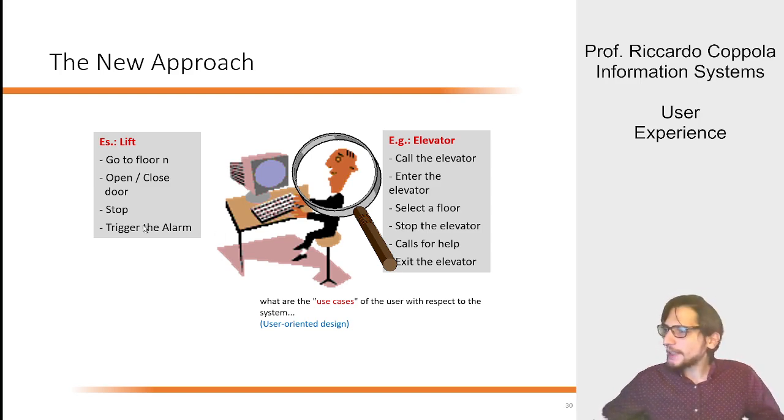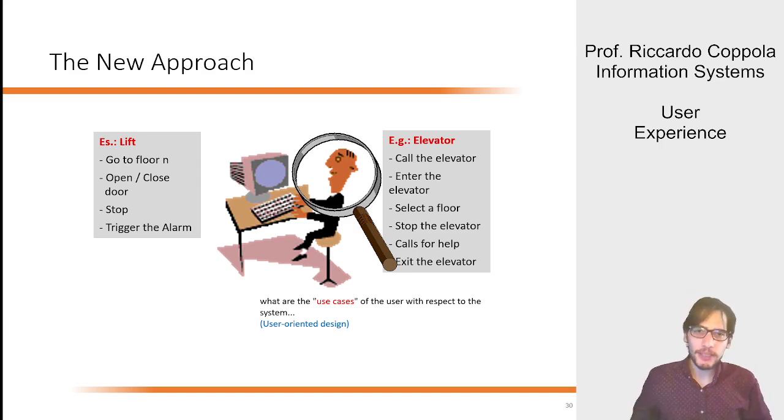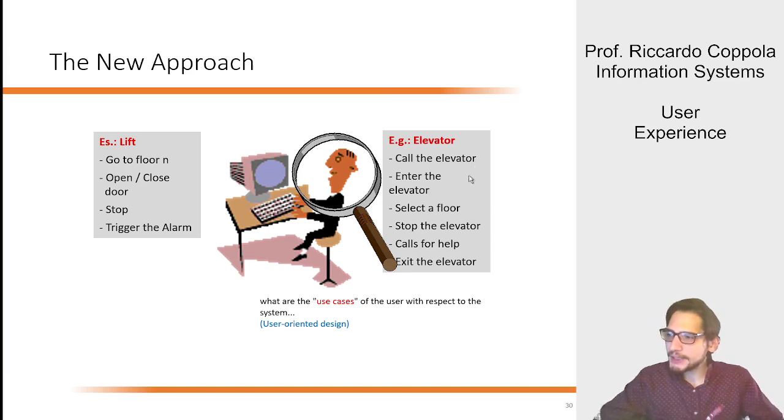So this part here is a part of functional requirements, which we have seen very briefly in this course. And the functional requirements tell me what the system has to do, what the system can do. The use cases on the other side tell me what the user can do with the system. What are the goals of the user when they use the system?